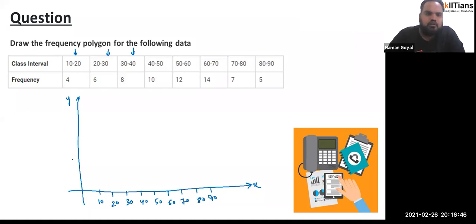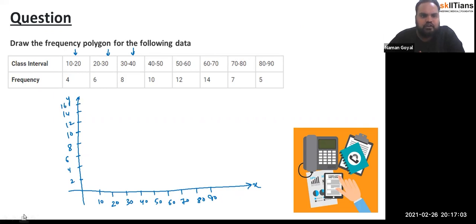On the y-axis we can take 2, 4, 6, 8, 10, 12, 14, 16 and so on.